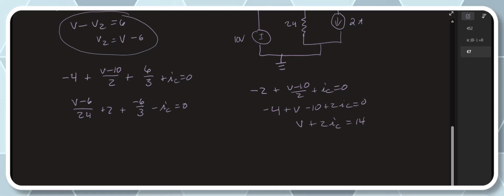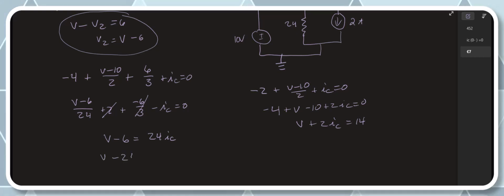For this bottom equation, those cancel, and I'll multiply 3 by 24. I get V minus 6 equals 24 IC, or V minus 24 IC equals 6.